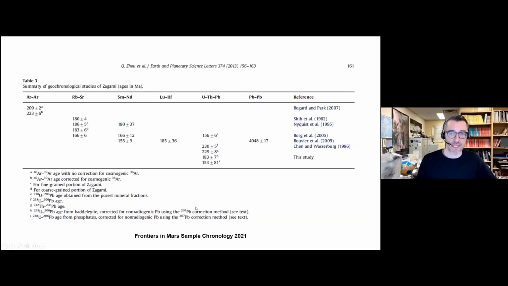And we published this table, and it shows a whole bunch of different systems, including samarium-neodymium, lutetium-hafnium, which was obtained by Bouvier et al. in that same study for Zagami, and argon, which has some complications with the argon system. But for the most part, all of these systems are in the same ballpark of about 200 million years, with the exception of the lead age of 4 billion.